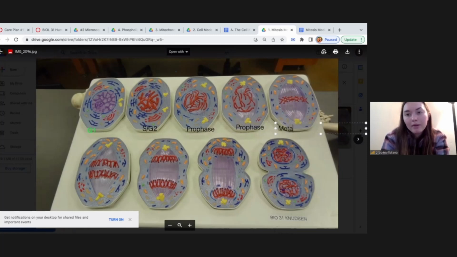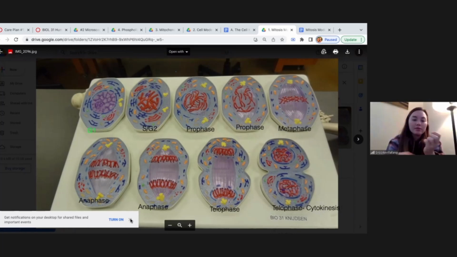This is metaphase. This is anaphase because they've begun pulling apart. Anaphase, they're continuing to pull apart. Telophase, they're really fully pulled apart. And then this is the end of telophase. We call this cytokinesis. Cytokinesis is when the cytoplasm itself is actually dividing.